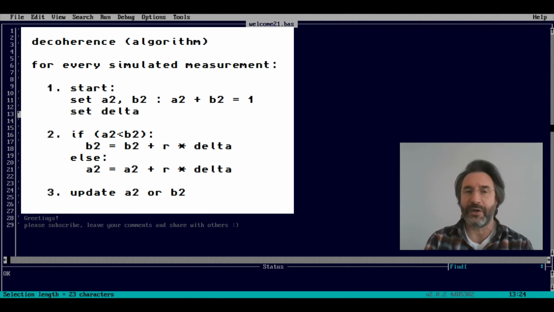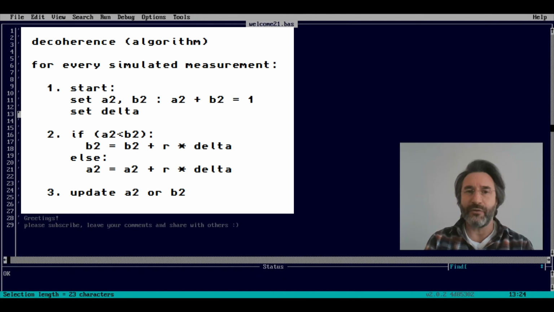Delta is practically a way to decide what is the amount of decoherence that we have in the system. So if delta is very small or equal to 0, there is no decoherence, but if delta is relatively big, then you see the effect of big decoherence happening in the system.